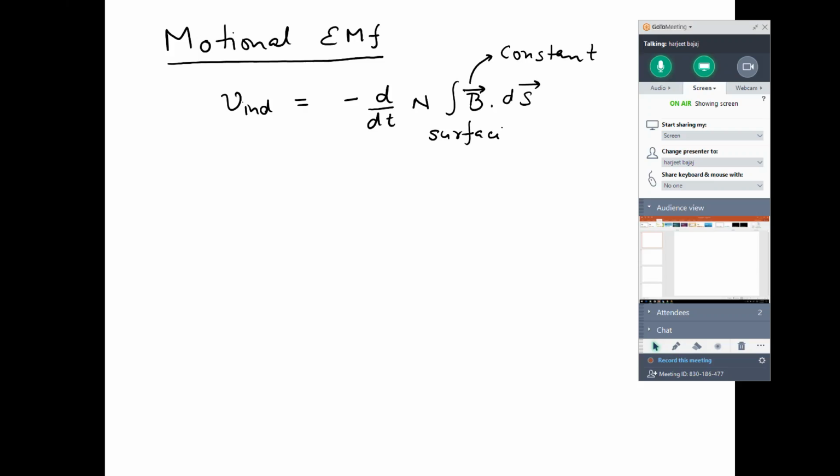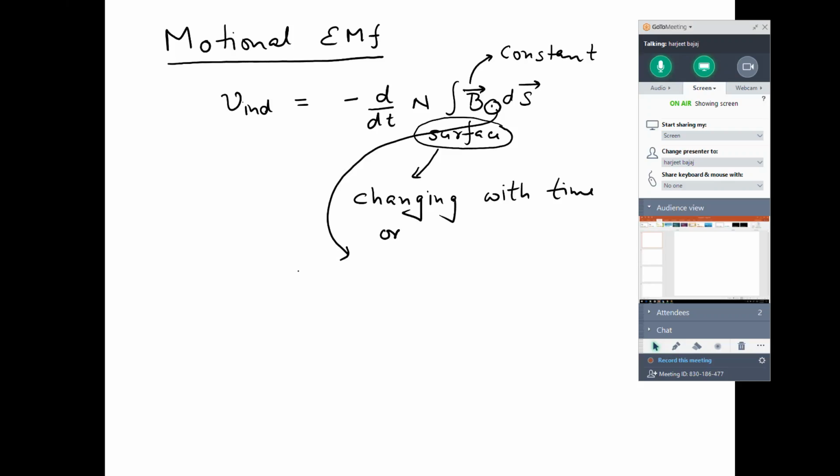One is that the circuit surface area is increasing or decreasing with time. So the limits over which we have to do the integration are changing with time, or this dot product could be changing with time.